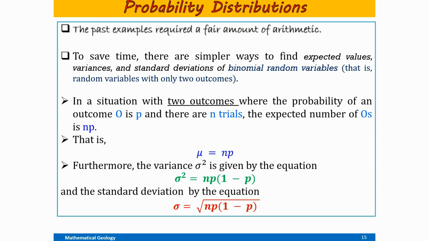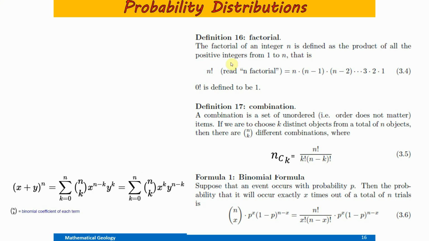Before discussing the distribution, I hope you remember what n factorial is: n into n minus 1, n minus 2, up to 1. What is the combination nCk? It is generally denoted by nCk or in this matrix-like format, whatever you prefer.